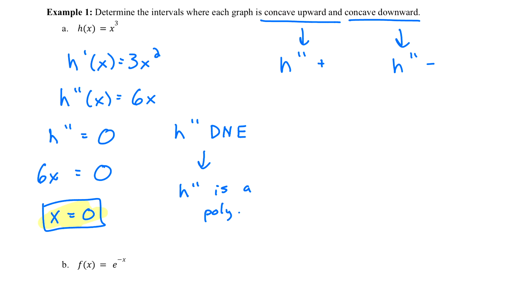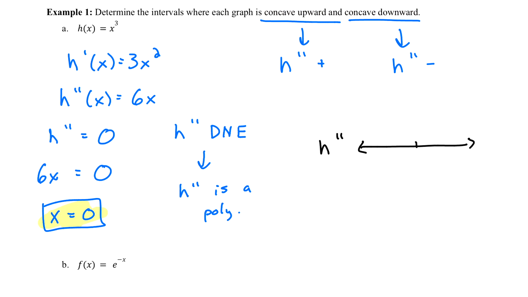And think about what we did last time when we were trying to find the sign of the first derivative. We made a number line for, say, f prime. But instead, this time, we want to be working with the second derivative. So I'm going to make a number line for h double prime of x.